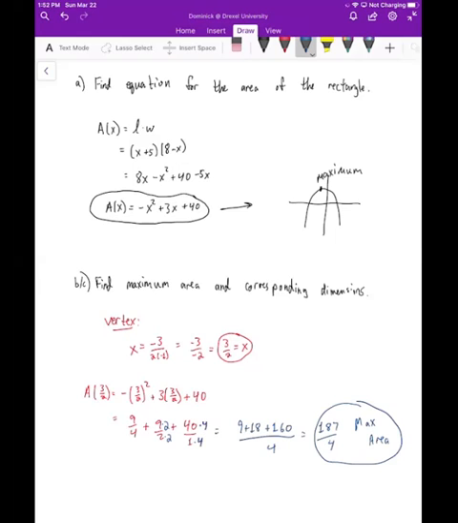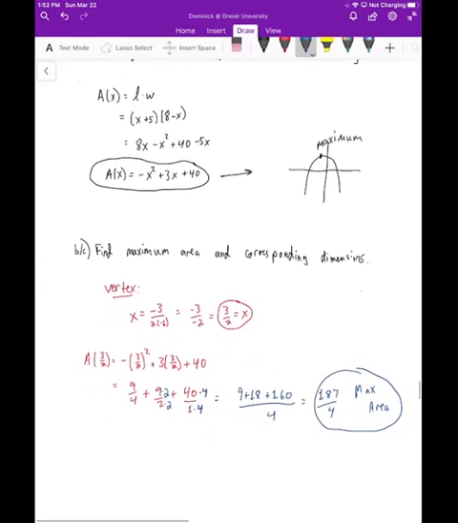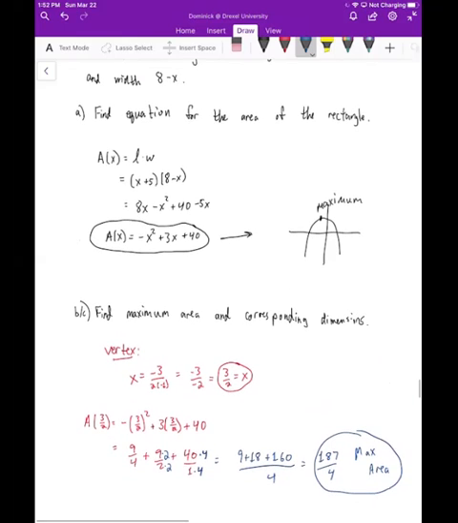And of course, to get the corresponding dimensions, we could plug our 3 over 2 back in for the length and width. So the length was x plus 5. So we have 3 over 2 plus 5, which I guess would come out to be 13 over 2.